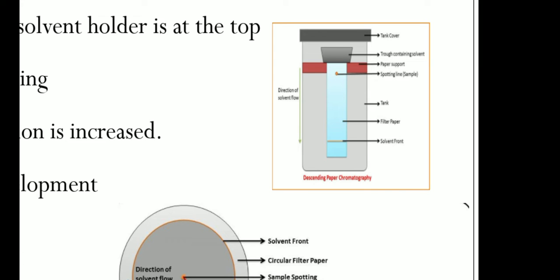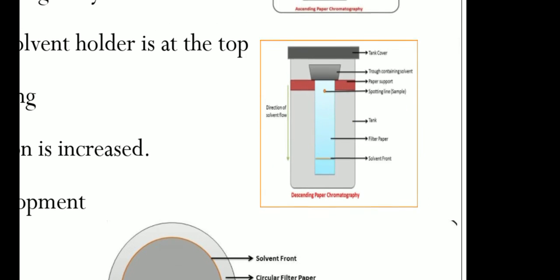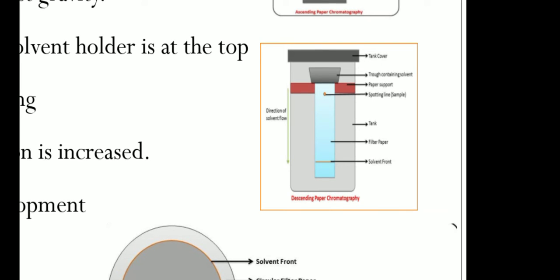When the mobile phase starts moving, the separation takes place in the downward direction. So this is descending chromatography, again towards the gravitational force. A special chamber is needed, meaning the solvent holder should be at the top.